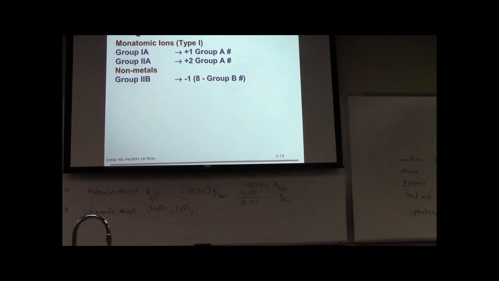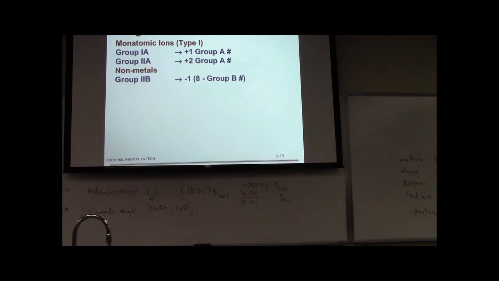Group 7A, we will use 7. 8 minus 7 is 1, so -1. Going this way, it's -2, -3. For non-metals, you start from here. For metals, you start from there.